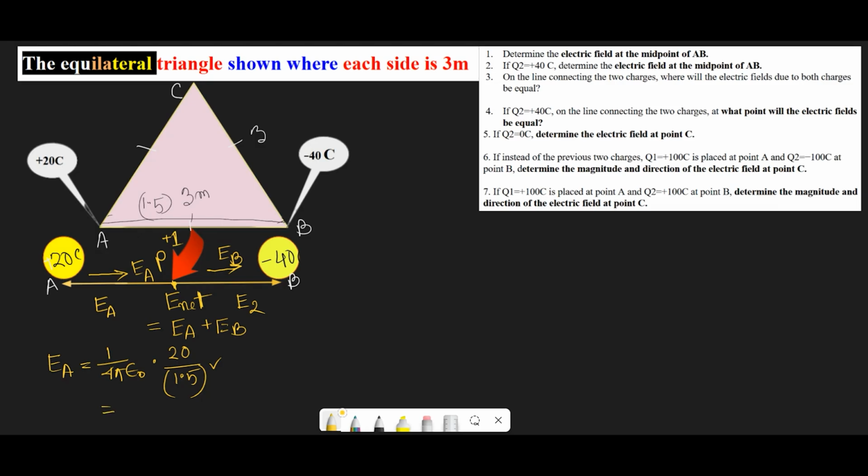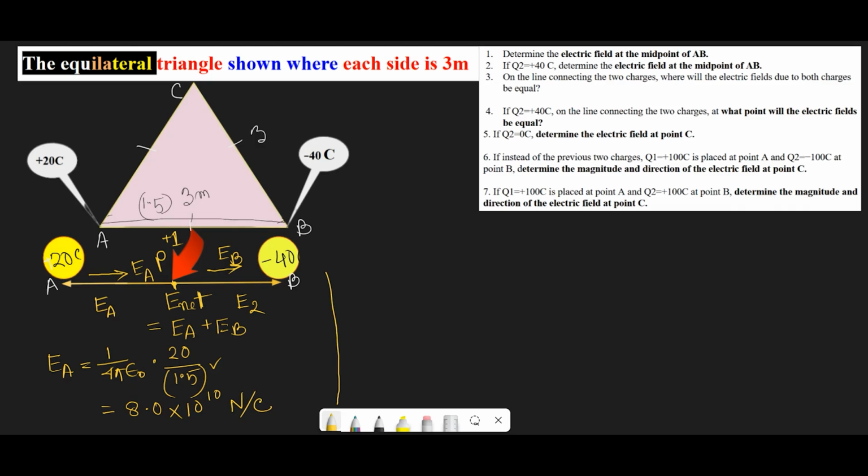So if we calculate, the value will be 8.0 into 10 to the power 10, and the unit will be Newton per Coulomb.